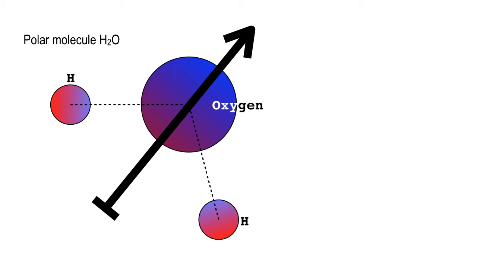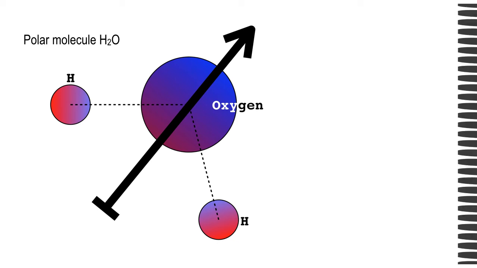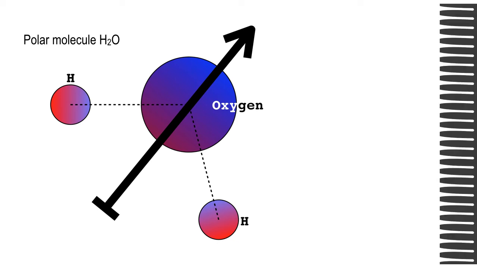Electromagnetically, it's polar because hydrogen has a fairly simple structure. Most hydrogen in the universe is one proton and one electron. That's it. The bonding between the oxygen atom and the hydrogen over here, this dotted line, and this hydrogen atom and the oxygen, this second dotted line, that bonding is because the one electron that each hydrogen has is getting shared with the oxygen.